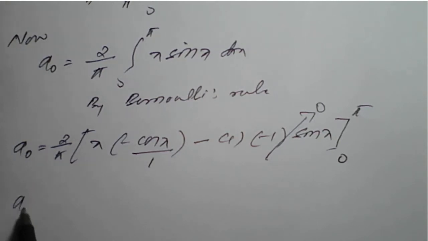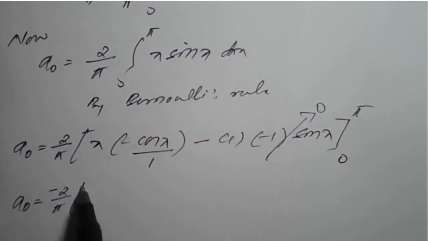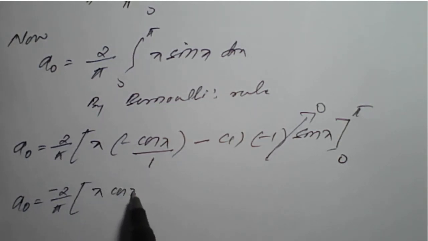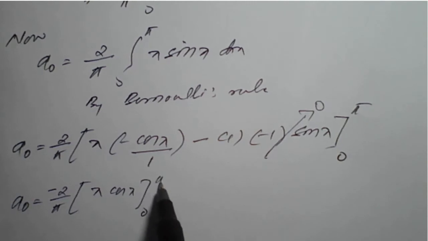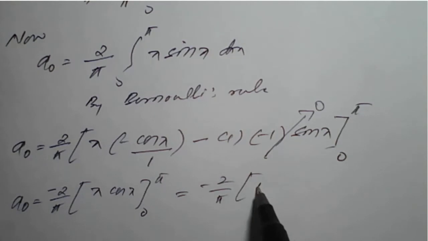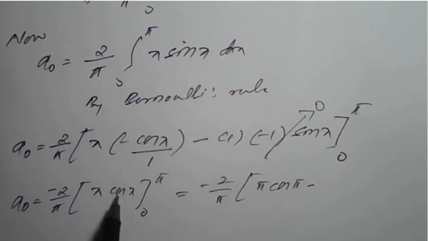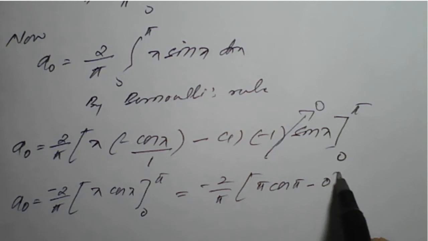Therefore a₀ is (2/π) times minus x cos x, taking the minus sign outside, with limit from 0 to π. Which is minus 2/π, applying the upper limit, π cos π minus 0 · cos 0. For x = 0, 0 into cos 0 is 1, so 0 into 1 is again 0 itself.